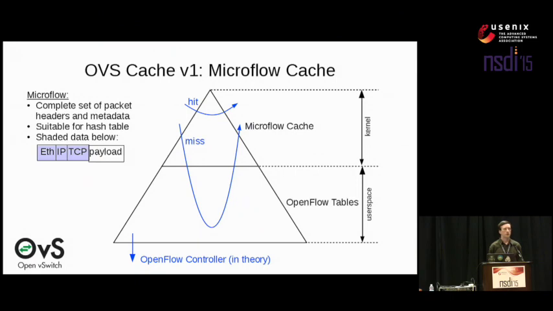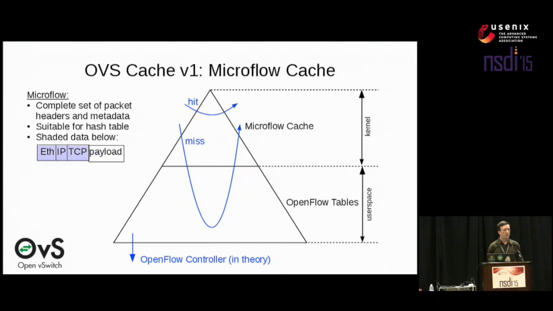Virtualization is a little different because the virtual switch is sharing the resources with the virtual machines. So if you're spending CPU time on switching, then you can't spend that CPU time on getting things done in your virtual machines. Our first cache was very simple, based on the concept of microflows.